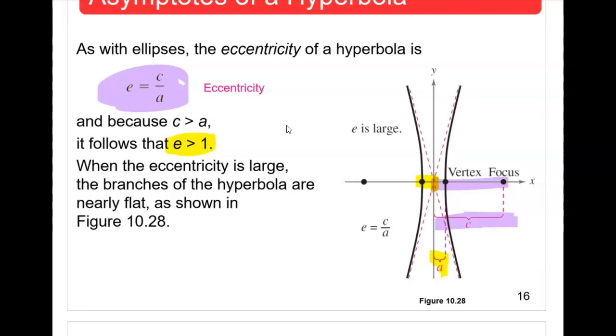The larger the eccentricity gets, the more the branches of the hyperbola will look flat like a line. If we were to divide c over a, it will be a large number.